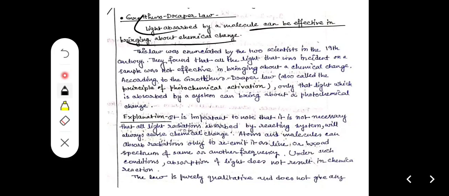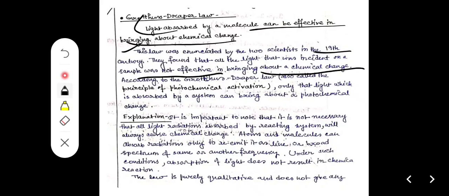This law was enunciated by two scientists in the 19th century. They found that not all the light incident on a sample was effective in bringing about a chemical change.